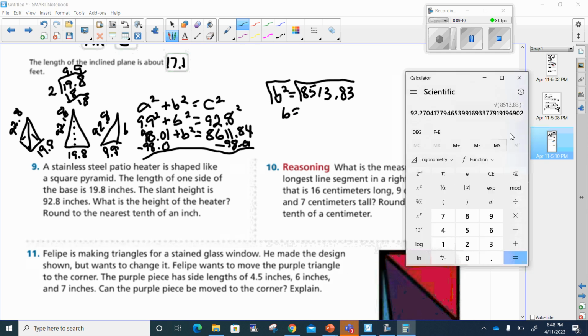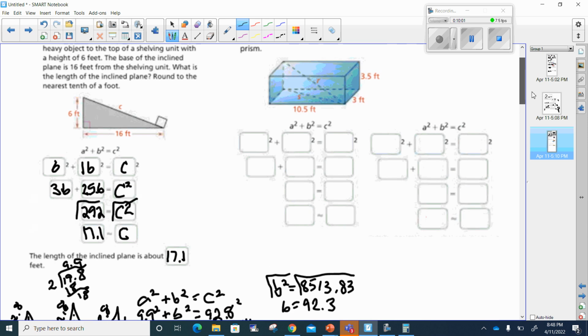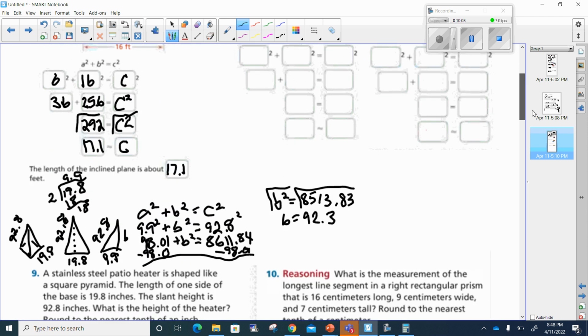We're going to find the square root. Remember, I think we're rounding to the nearest tenth here for all of these. So I'm going to go with 92.3. It did say 7 through 8.